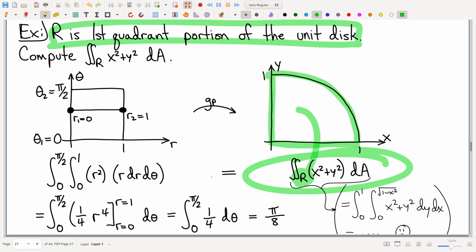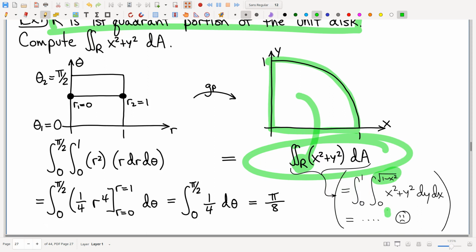Let's do this in rectangular, the usual, just slice it up as it is. And there's a curve up here that is going to mess up our bounds. You'll notice that in particular we get a square root in our inner bounds, which means we're going to have a square root in the integrand of our outside integral, and that is not good news.